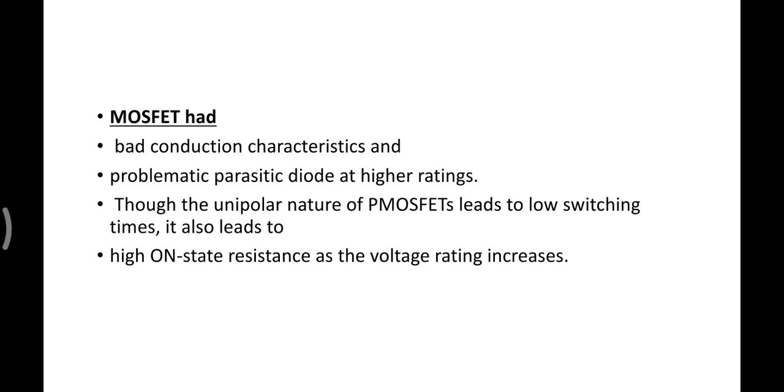What are those disadvantages? It has bad conduction characteristics and a problematic parasitic diode at high ratings. That means during operation, when we reach high ratings, a parasitic diode comes into the picture.